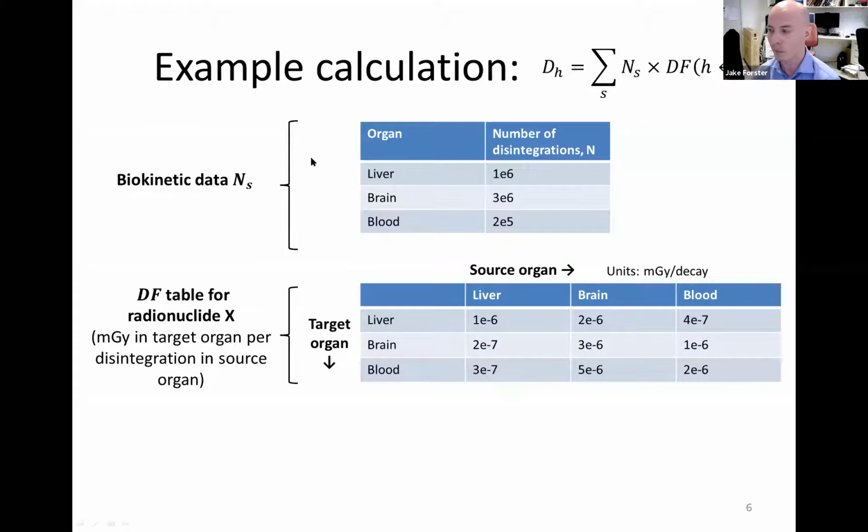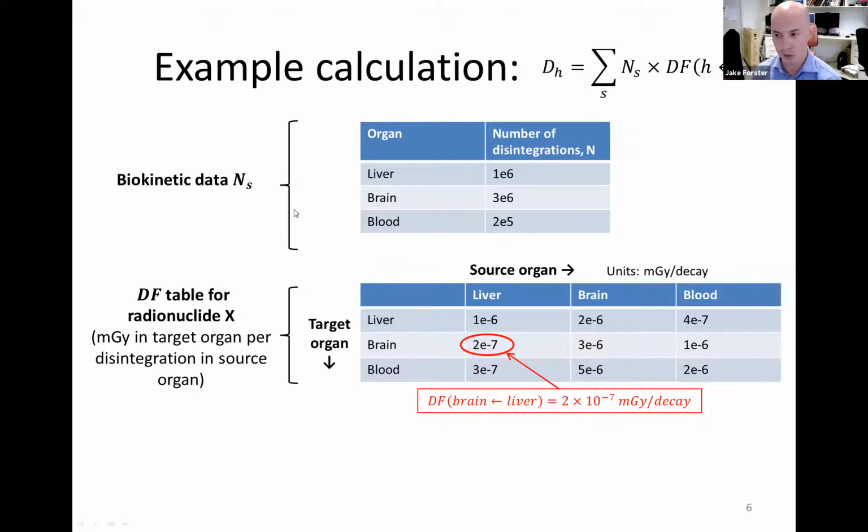And the units here again are milligray per decay. So for example, this value in the dose factor table corresponds to the dose factor for the target organ brain per disintegration in the source organ liver. So for example, it's 2 × 10⁻⁷ milligray absorbed dose to the brain per disintegration in the liver.